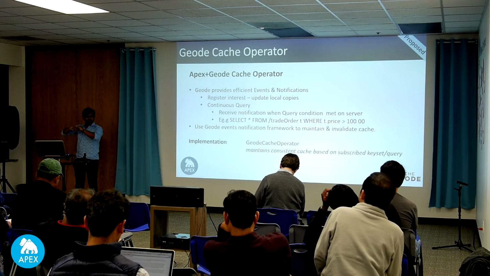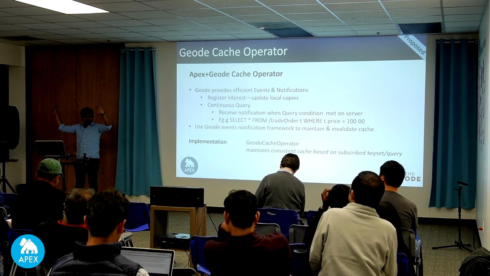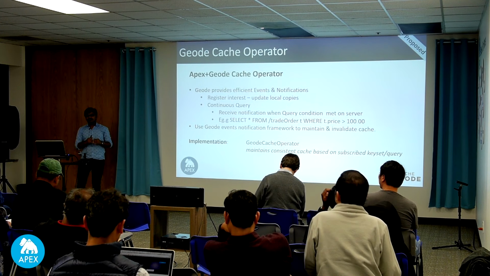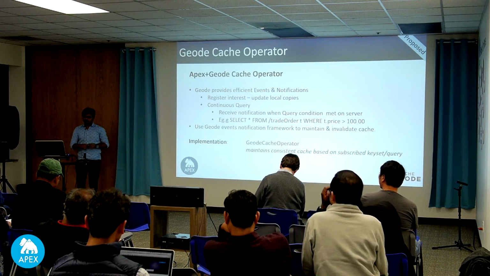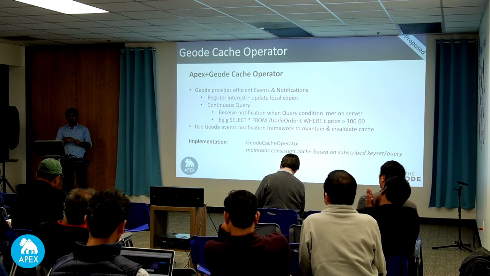Using that feature with a scan operator configured with that application logic, which periodically pushes that computation to the data grid and just gives the result set, we are proposing a Geode scan operator, which will have a predefined computation go to a server and the result state gets streamed into an application.